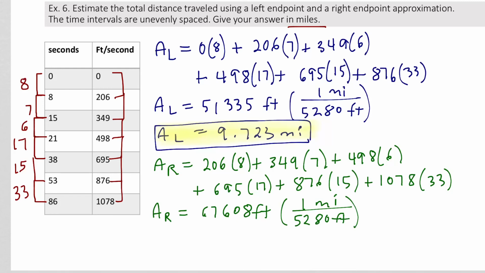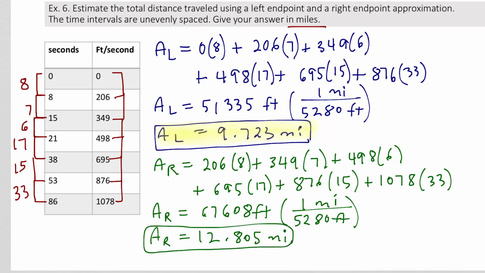And you get your right-hand approximation of area under the curve, 12.805 miles. So you can conclude that your lower number is your underestimate, and a higher number would be your upper estimate. And so the actual area, the true area, is somewhere in between.